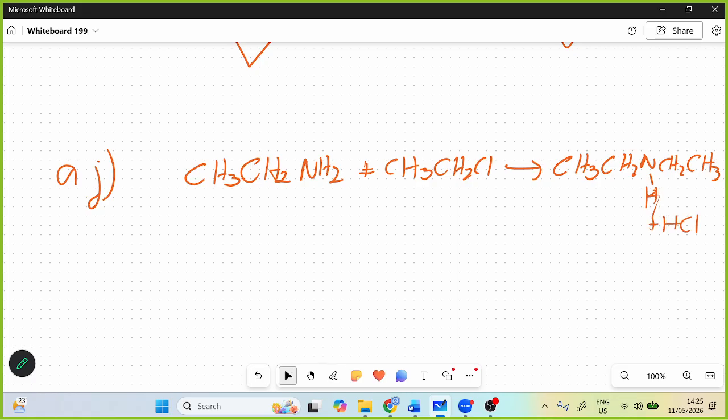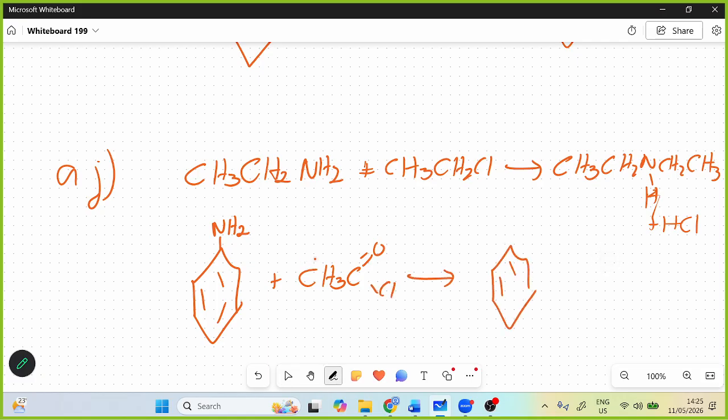This can further react, both to form a quaternary salt between the two or to substitute another time. Phenylamine with ethanoyl chloride. This is similar to phenols, where the ethanoyl chloride is strong enough to react and form the amide. This will not form a quaternary salt. This will not be reactive with an acid.